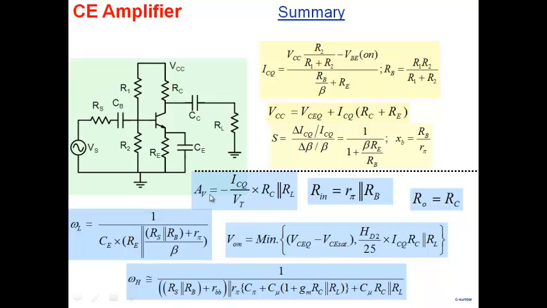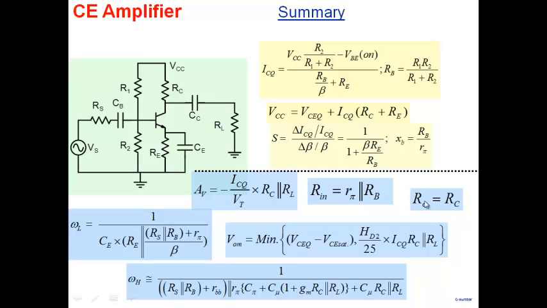For example, AV depends on ICQ, Rn also depends on ICQ, V0 also depends on ICQ, and the cutoff frequencies also depend on ICQ. So almost all the parameters that you see there, except for the output resistance, depend on ICQ.